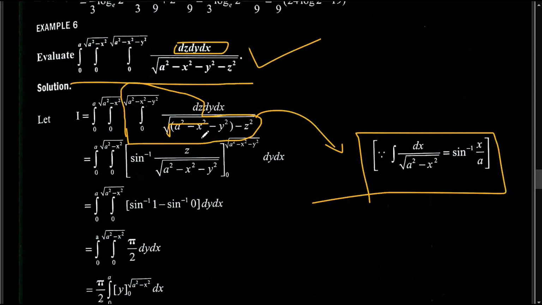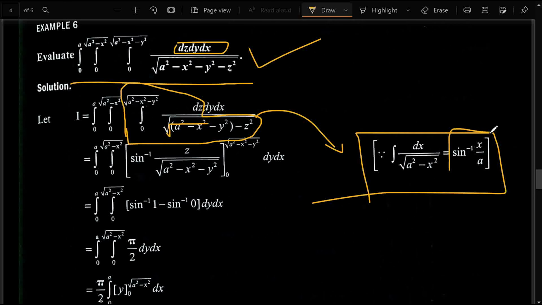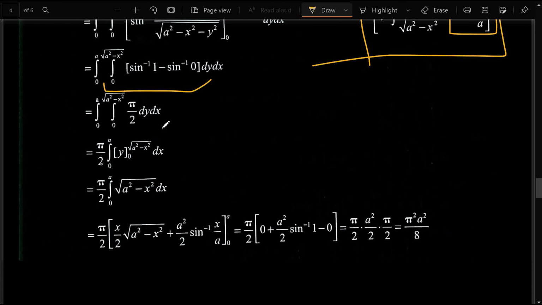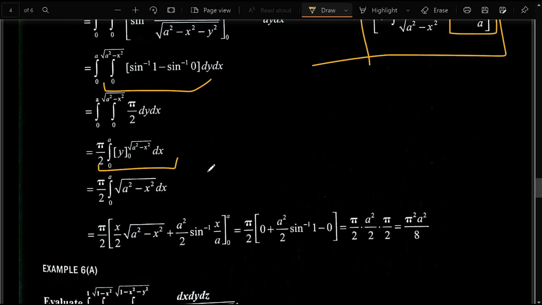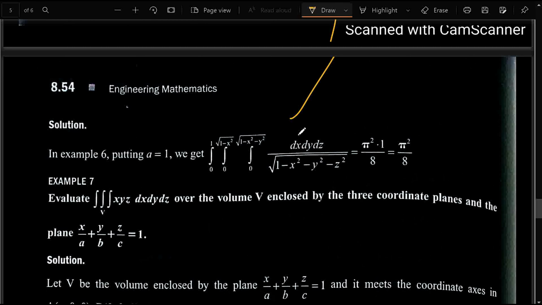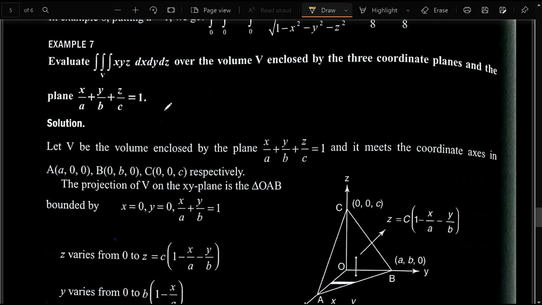So they took it as a square, this is a, and that's how we got this. You understand? Then it's a simple integration. Second integration with respect to y, then the last integration with respect to x gives this. These are simple integration steps, and similarly, just like the above problem, you have to do this.